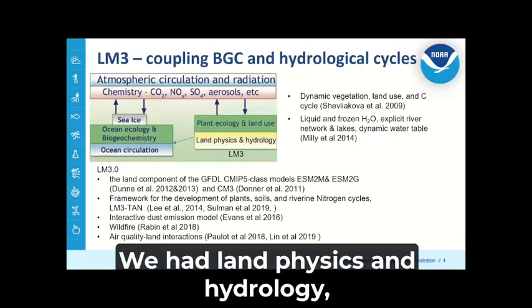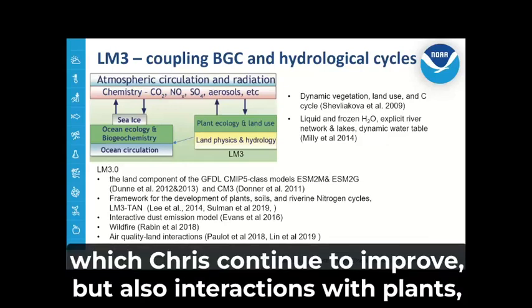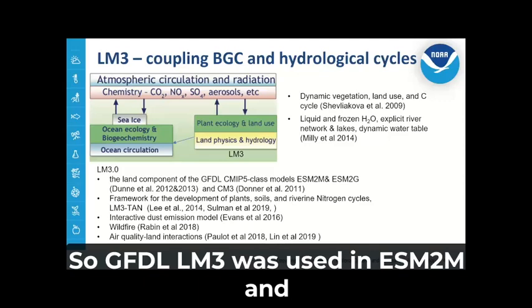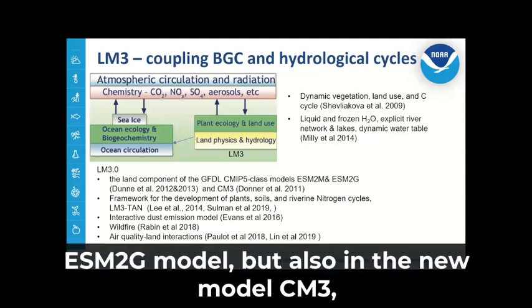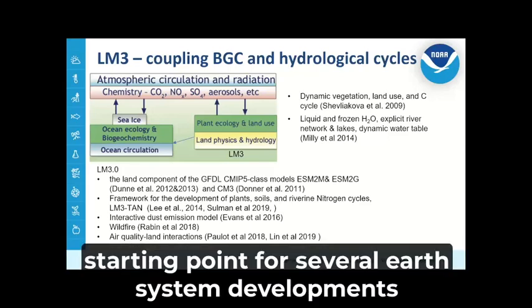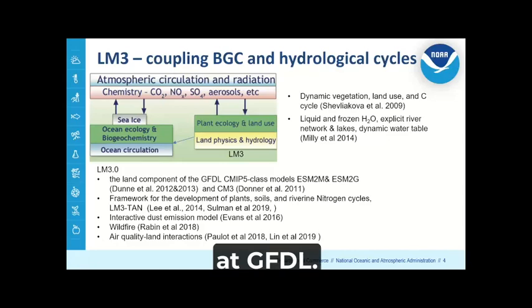We had land physics and hydrology, which Chris continued to improve, but also interactions with plant ecology and land use, and heterogeneity due to land use. So GFDL LM3 was used in the SM2M and SM2G models, but also in the new model SM3, which had interactive chemistry. It also became a starting point for several Earth system developments at GFDL.